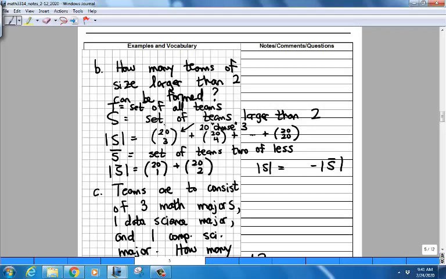And how big is the set of all teams, though? It's 2 to the 20th, that's right. Chad, why is that 2 to the 20th power?